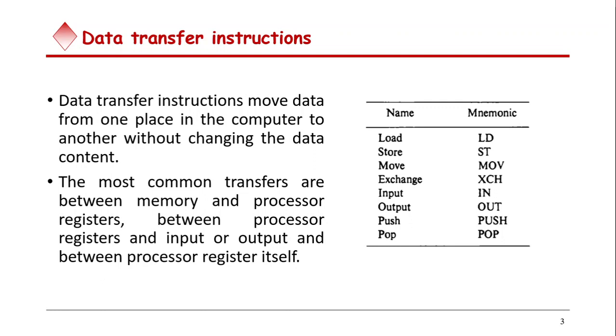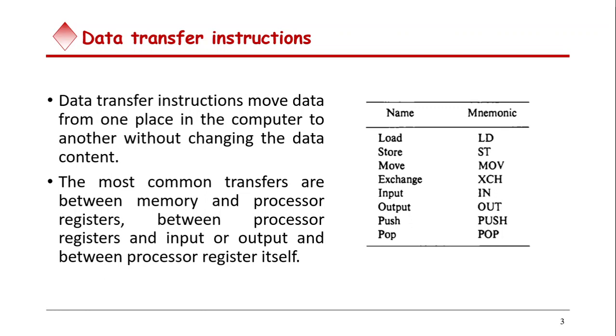So, now these are the eight different data transfer instructions. The load instruction has been used mostly to designate a transfer from memory to a processor register, usually an accumulator. The store instruction designates a transfer from a processor register into memory.